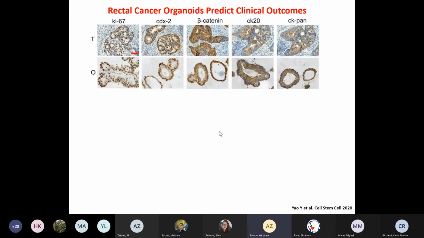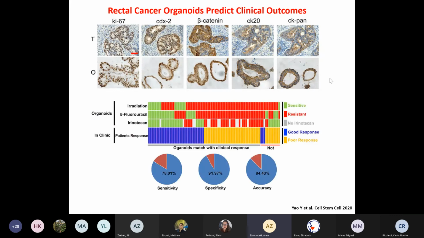So here I'm giving you an example of rectal cancer organoids. On the top you have the tumor of an individual, and the organoids that were derived from this individual, staining for various markers of cancer.